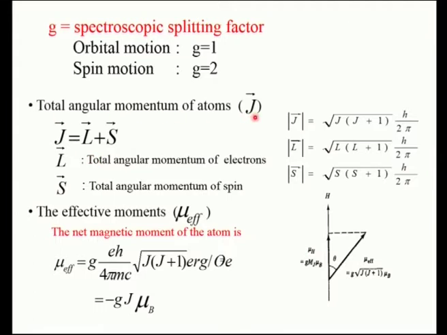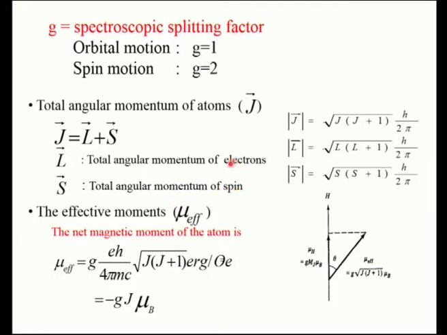Now, if J is the total angular momentum, then this total angular momentum is expressed as a sum of orbital angular momentum and spin angular momentum. Here L is the total angular momentum of orbiting electrons, and S is the total angular momentum of spin.